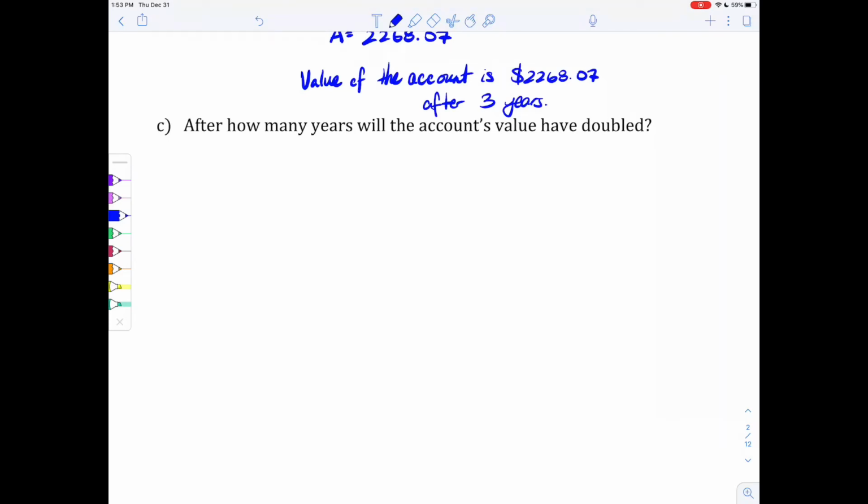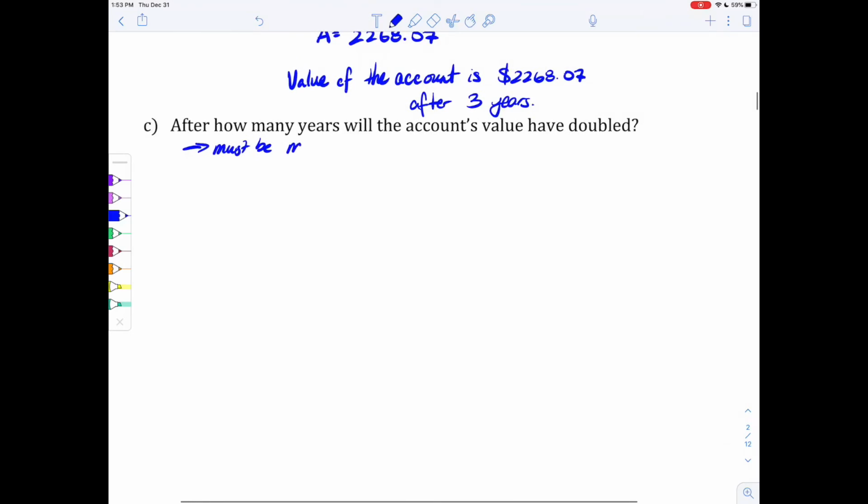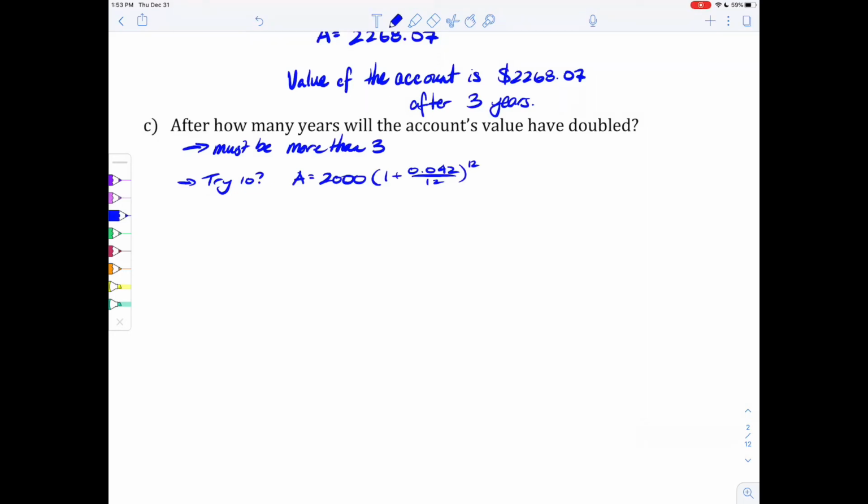Hopefully you paused, hopefully you've tried a few values. For me, looking at this, I'd probably start with trying 10, after I establish it must be more than 3. So I try 10, in which case I'm using this formula to the power of 12t.